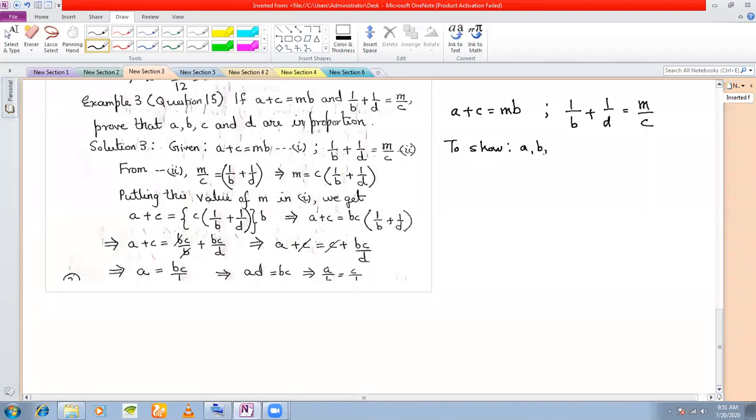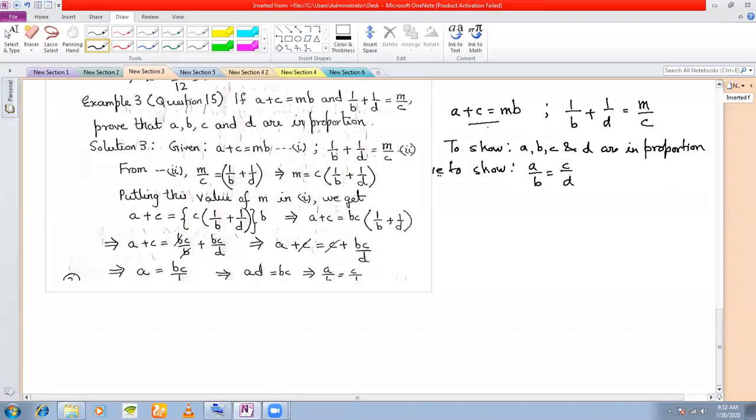That is, what do you have to prove? You have to prove that A by B must be equal to C by D.